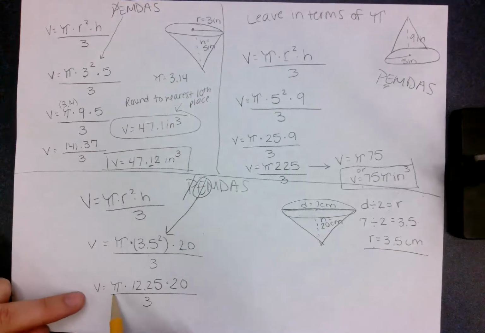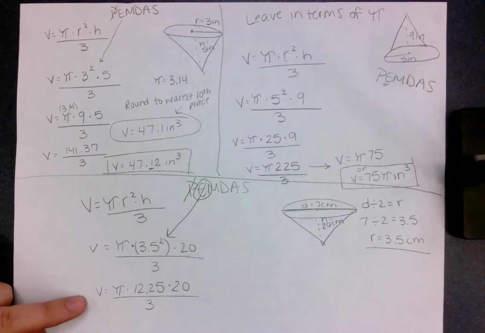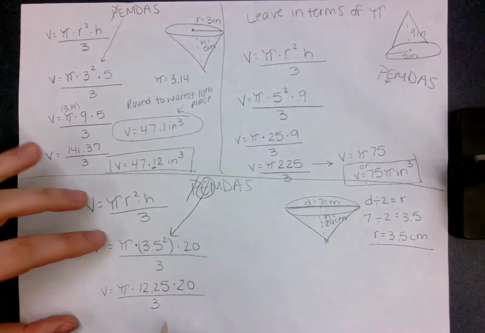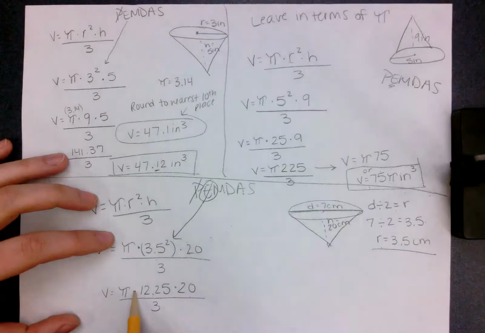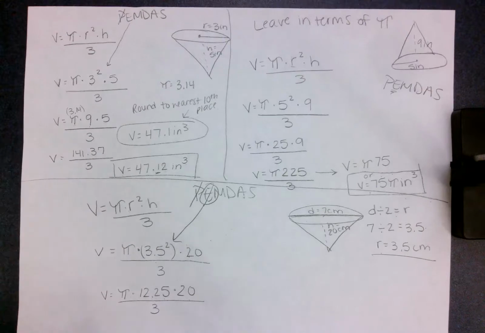Now, next up, you're going to put this top row into your calculator because you have to figure out what you're dividing 3 into. So pi times 12.25 times 20. Again, you would just push the pi button times 12.25 times 20.